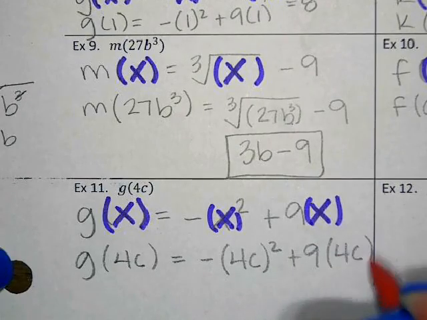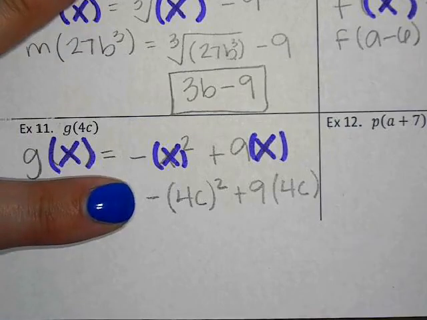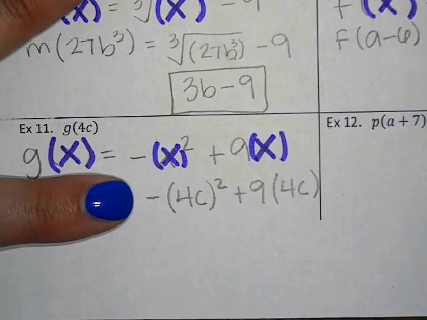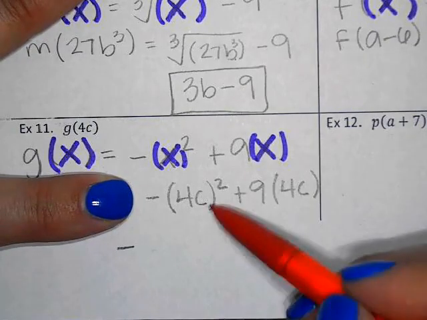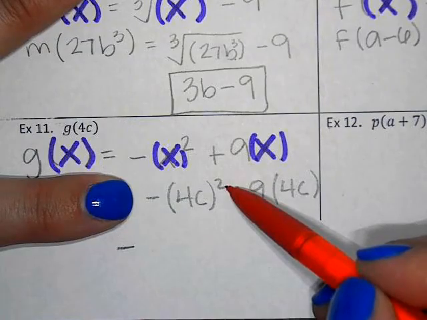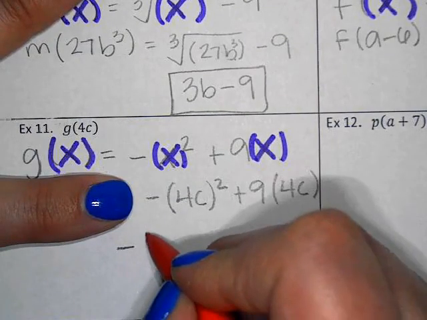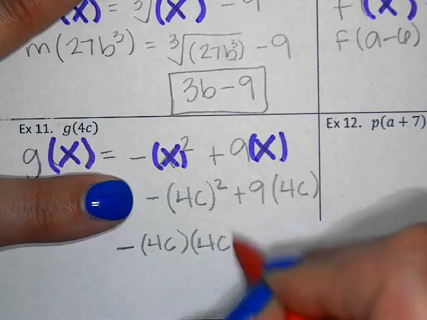I have the negative version of, and if this says squared, how many of them should I write? 2. I have 4c and 4c. And what's 9 times 4c? 36. 9 times 4 is 36. 36c.